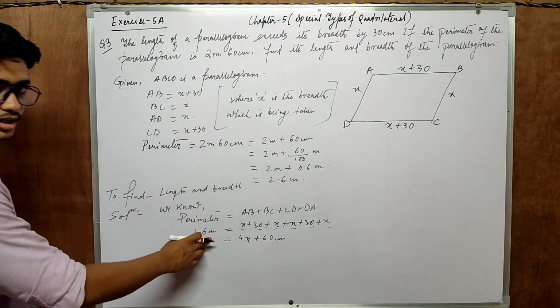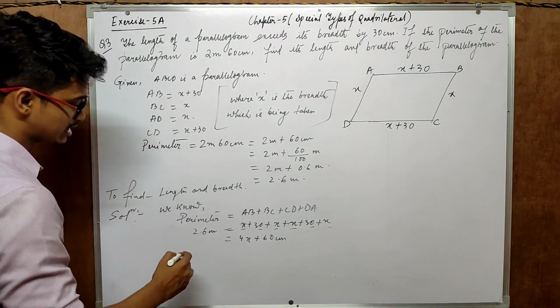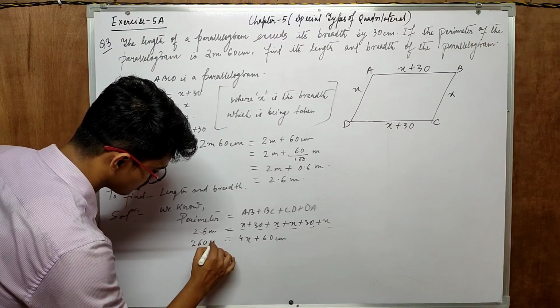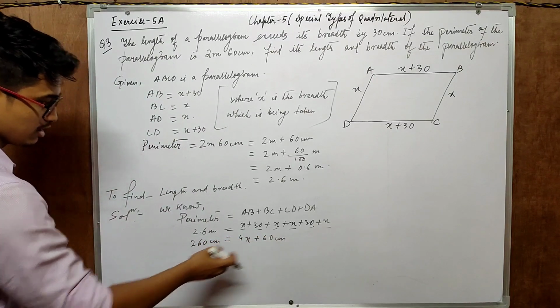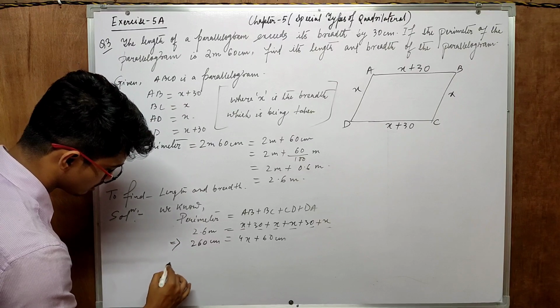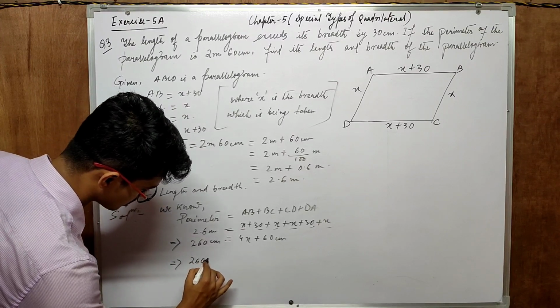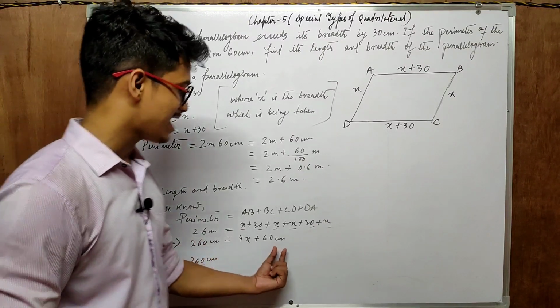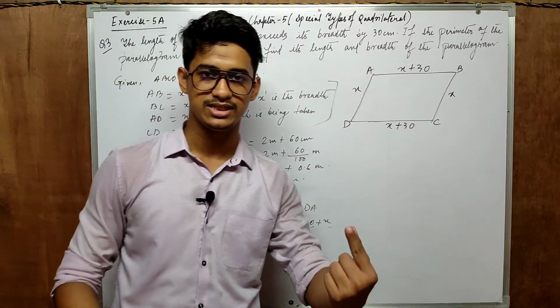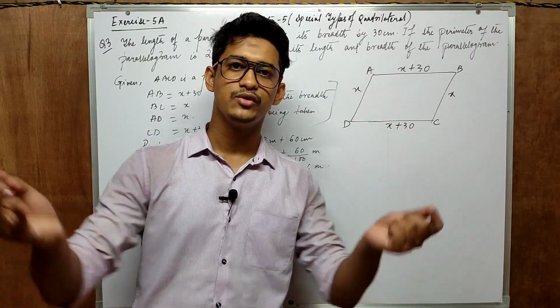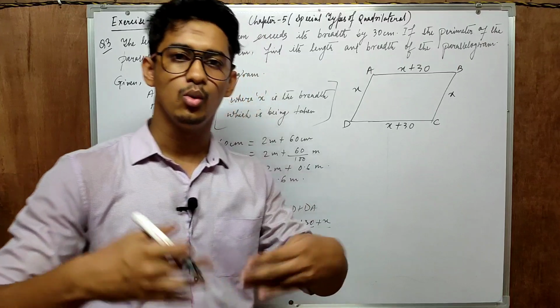Since this is in meter, let me convert it into centimeter, that is 260 centimeter. We take it to this side because we have to convert the units into one single unit; two units must not be there.